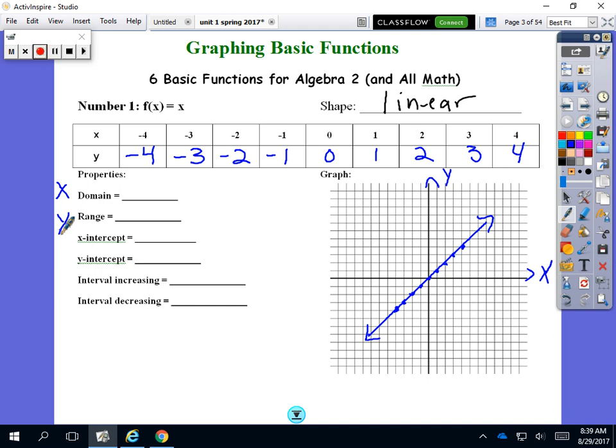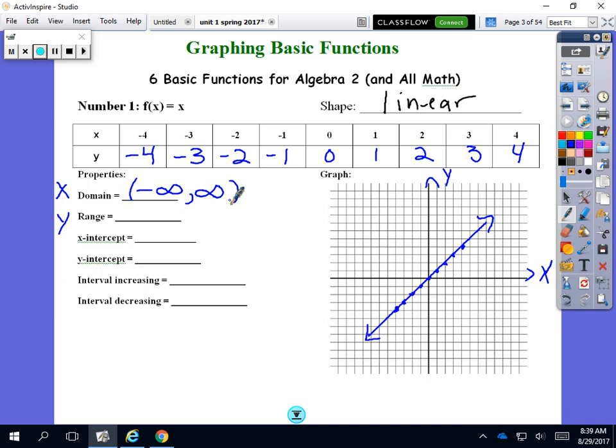And is it possible to use any real number in your domain? And in the linear function, it is. There's no real number that you could not plug in for x. So we call that all real numbers, or the interval from -infinity to infinity.